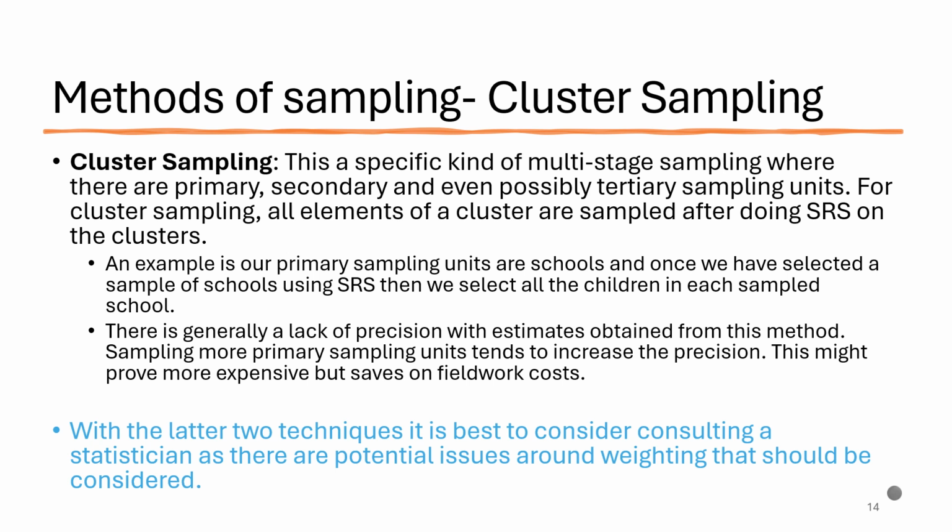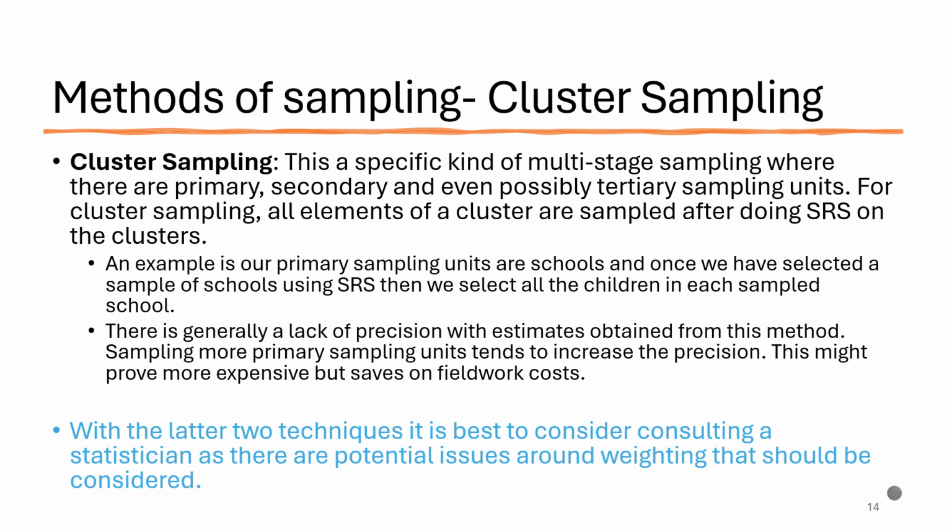For cluster sampling, all elements of a cluster are sampled after doing simple random sampling on the clusters. An example is if our primary sample units are schools. Once we have selected a sample of schools using simple random sampling, we select all the children in each sampled school. There is generally a lack of precision with estimates obtained from this method.